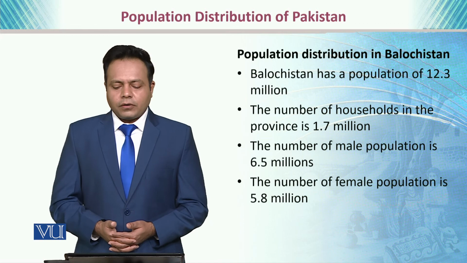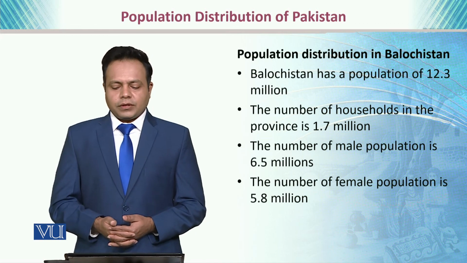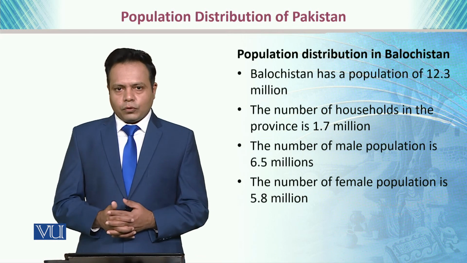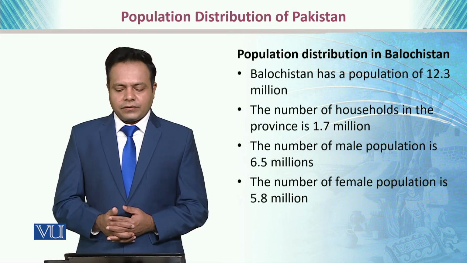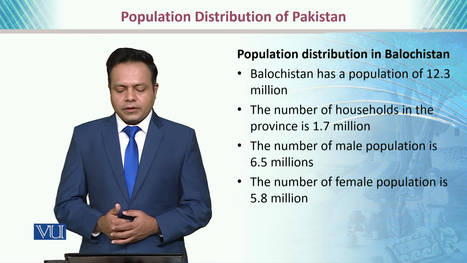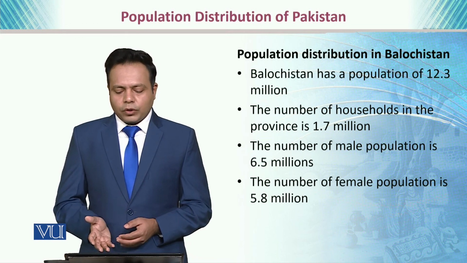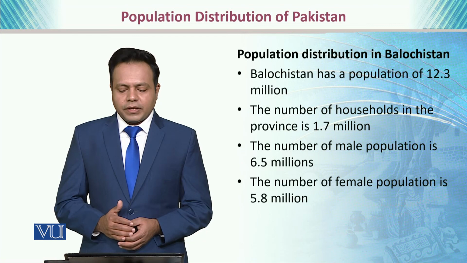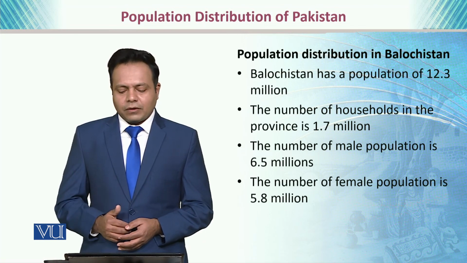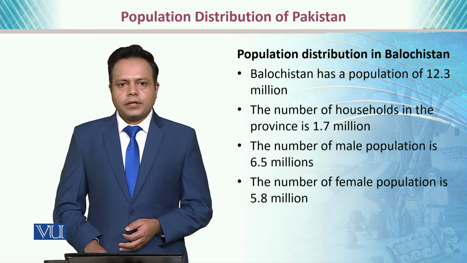And if we talk about the population distribution in Balochistan, Balochistan has the lowest population among all the provinces of Pakistan, which is estimated to be 12.3 million. The number of households is 1.7 million, whereas the male population is 6.5 million in comparison to the female population, which is calculated to be 5.8 million.